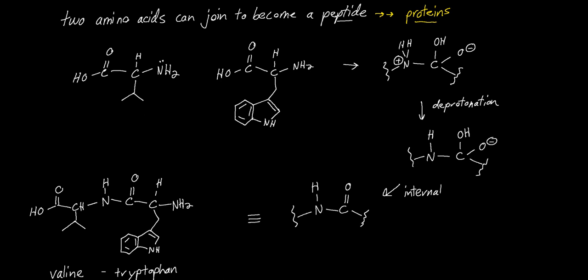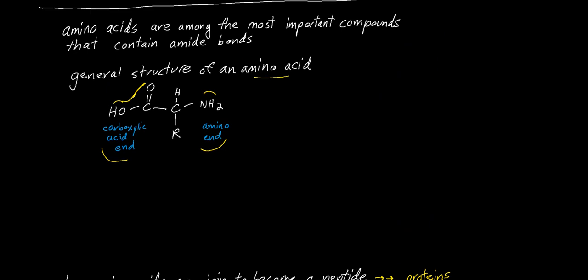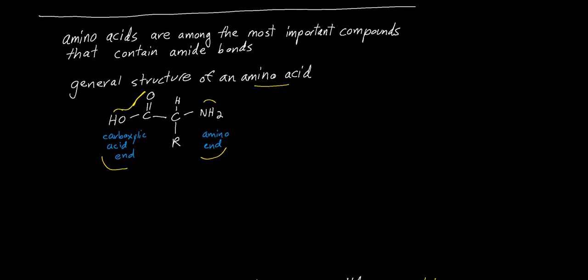So here we have two amino acids. This one's called valine, and this one's called tryptophan. The structures are a little daunting, but if you go back up here with the amino acid, what you see is that the R group on the central carbon, which is chiral, by the way, can vary. Then you have the amino group and the carboxylic acid group.